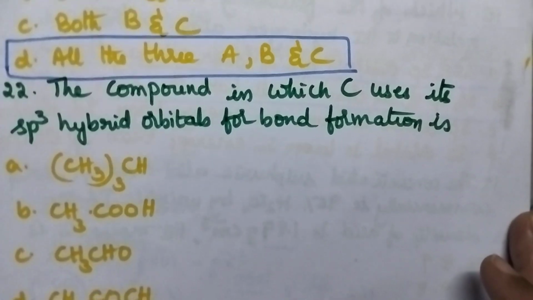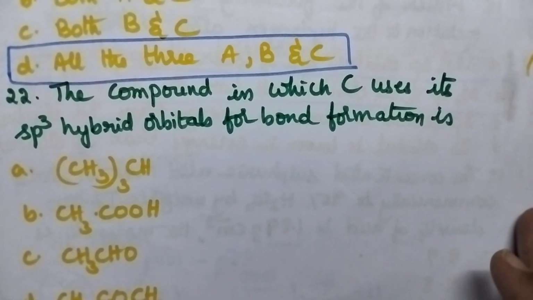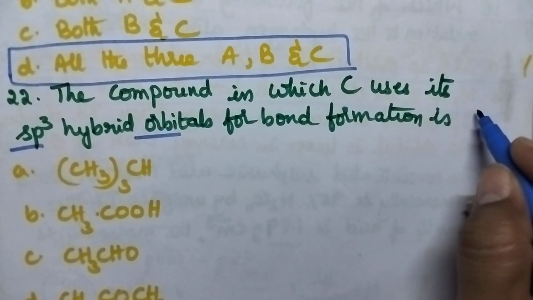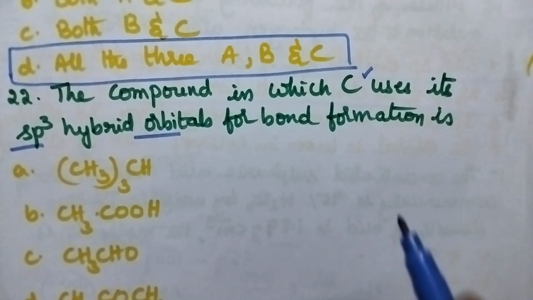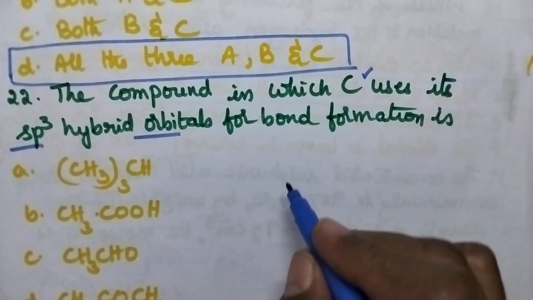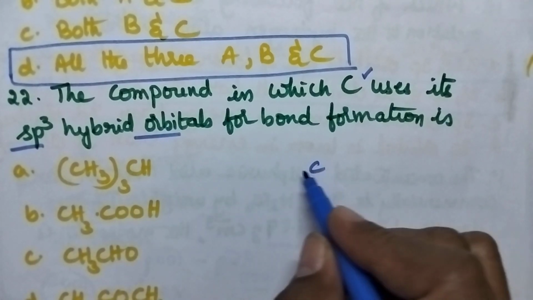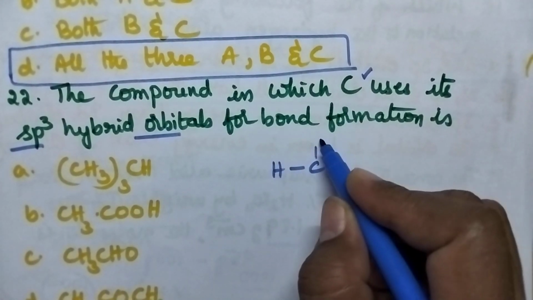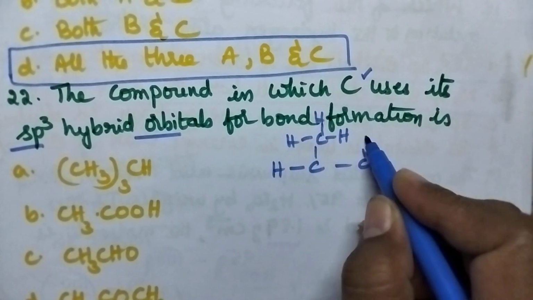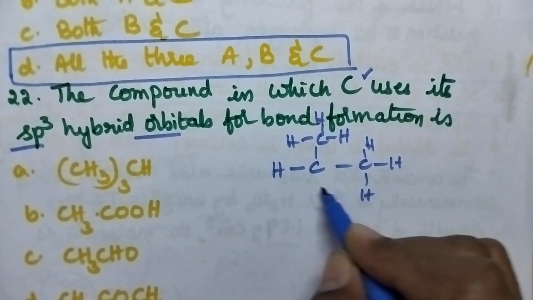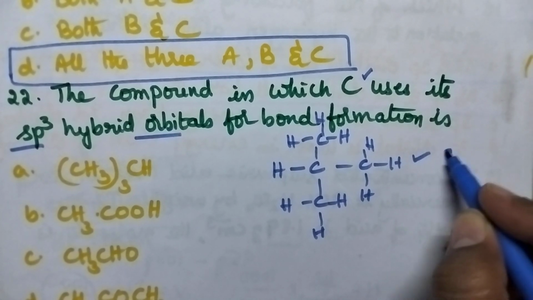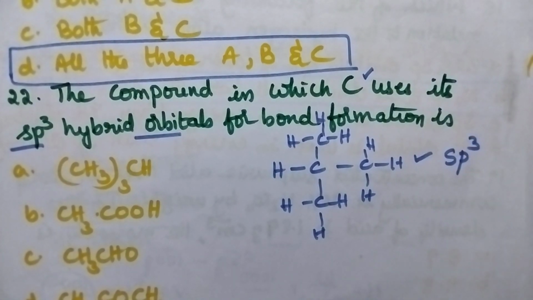The compound in which carbon uses its sp3 hybrid orbitals. sp3 hybrid orbitals means carbon is capable of forming only single bonds. Let us check the structural formula of the given compounds. The first compound is CH3, CH3, CH3, CH3. Here all carbon atoms are present in the sp3 hybridized state.